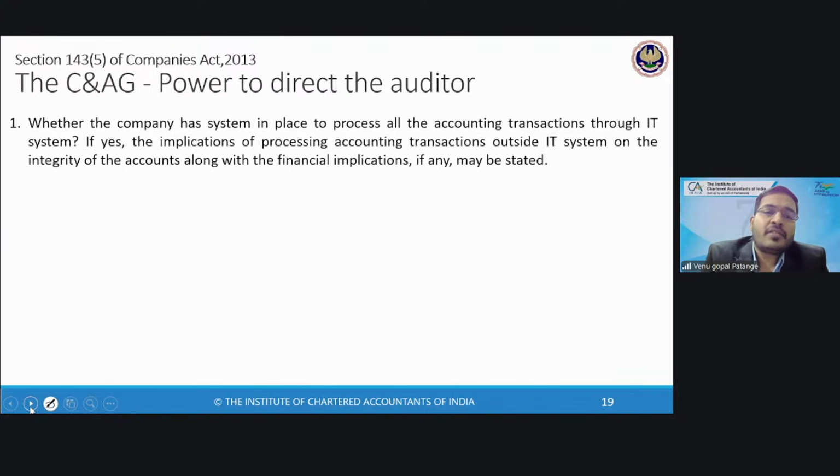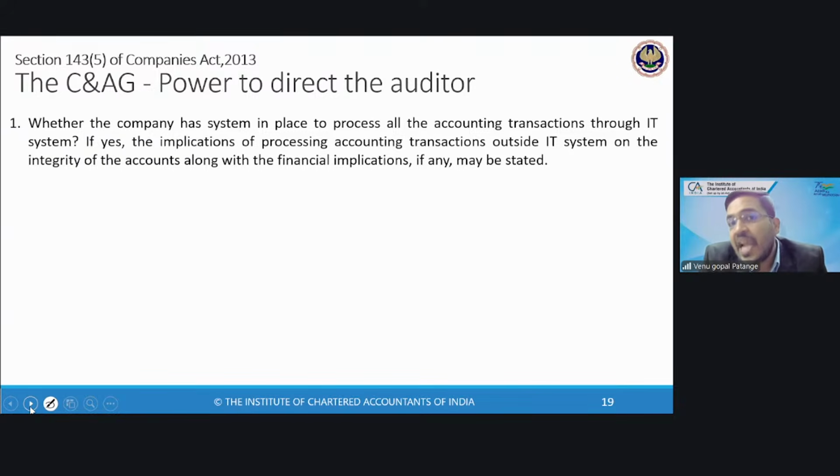Nowadays, even a small company maintains books of accounts in an application, right? Simple POS machine, right? They are maintaining it through an IT system. So PSUs, government schools, colleges, or big corporates definitely have IT systems. Government implemented that.